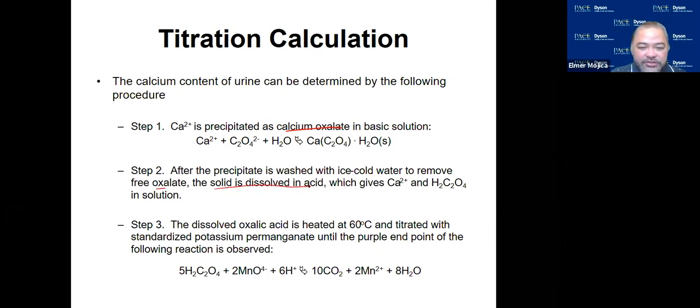The solid is dissolved in acid, which gives Ca2+ and oxalic acid in solution. And then the dissolved oxalic acid is heated at 60 degrees Celsius and titrated with potassium permanganate until the purple endpoint of the following reaction is observed. So this is the stoichiometric ratio that you have.